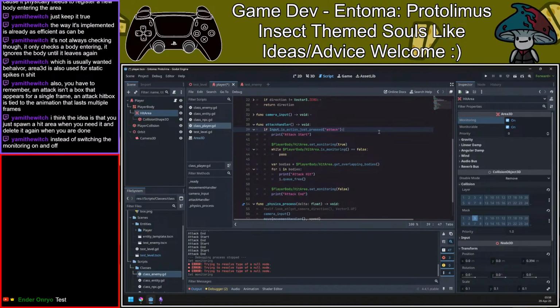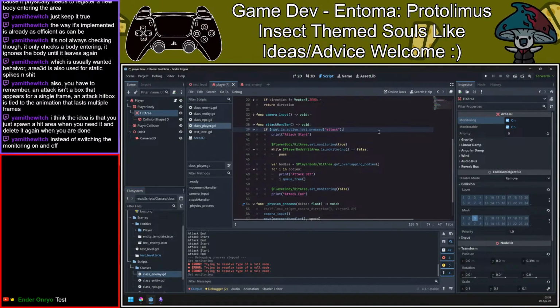The idea is that you just spawn a hit area when you need it and delete it when you're done. I suppose that makes sense. Because say there's like 50 enemies all in play at the same time.